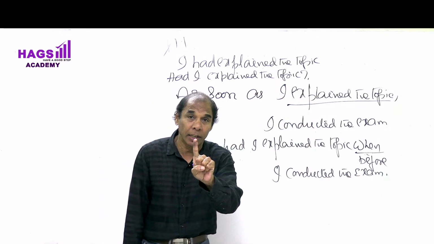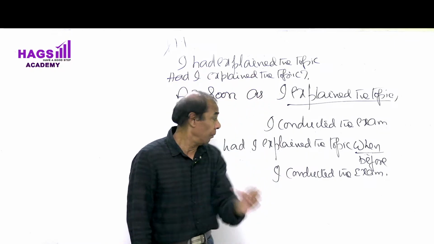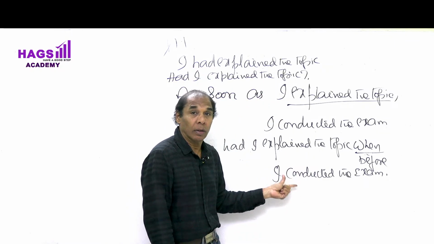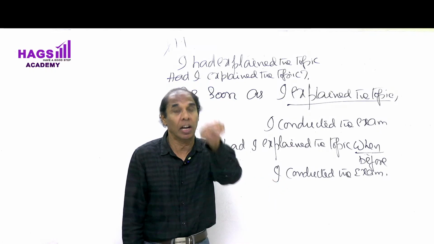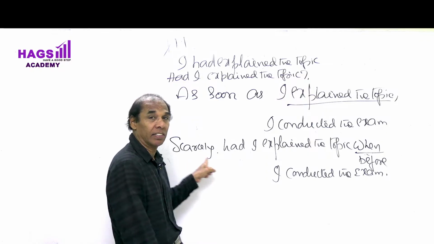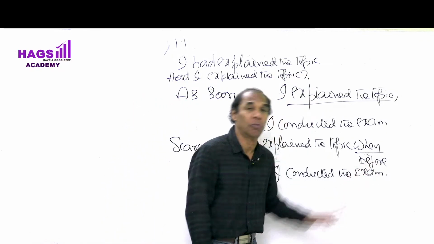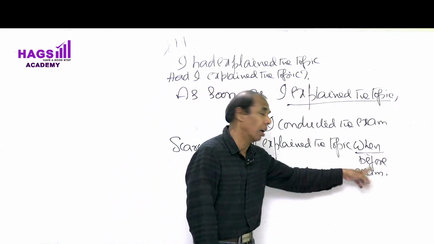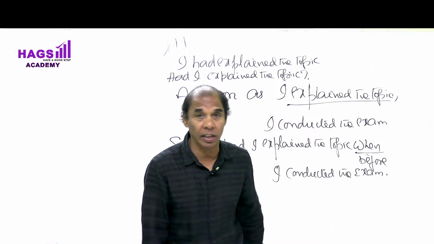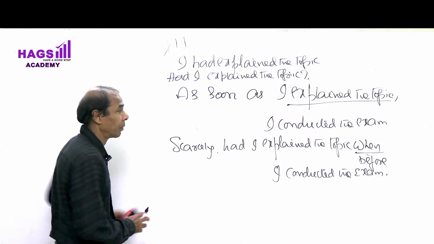In the case of hardly, only when comes before the second sentence. But in the case of scarcely, before the second sentence, we can use either when or before. Both are correct. But use only one word, either this or this. Don't use two words at a time. Okay? Right. Very easy. Okay? No doubt.